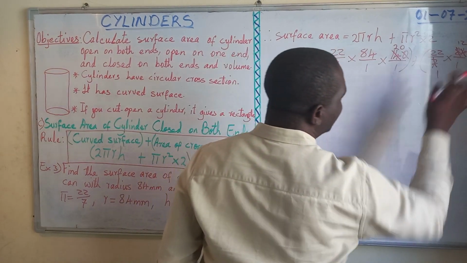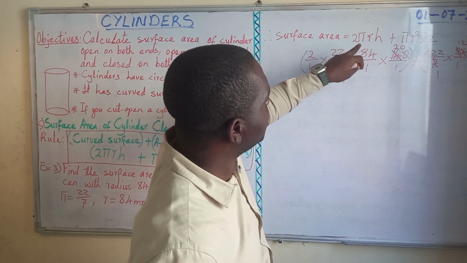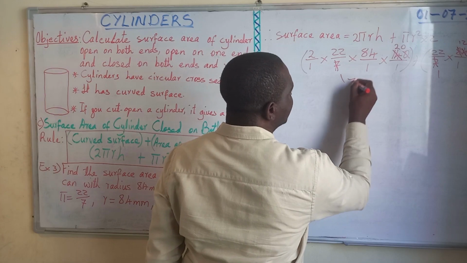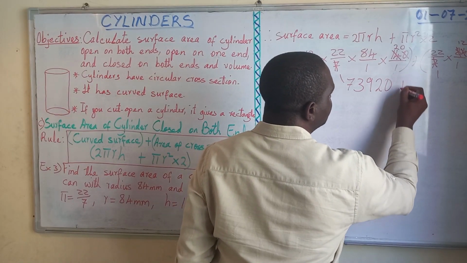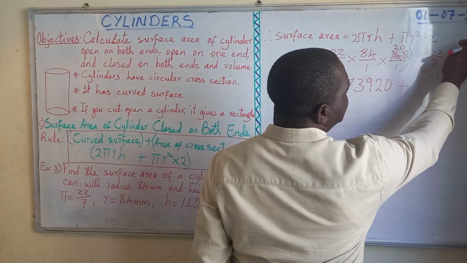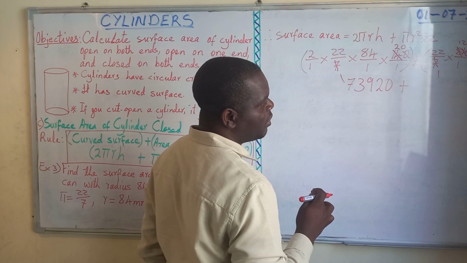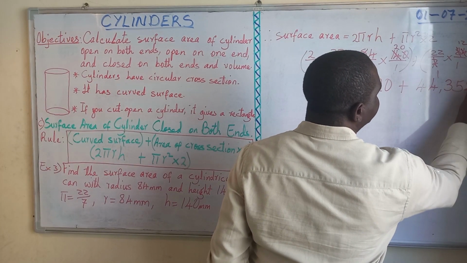So let's multiply normally. 2 times 22 times 84 times 20 will give a total of 73,920 plus 22 times 12 times 84 times 2 will give us a total of 44,352.